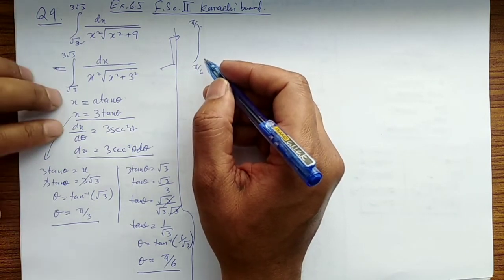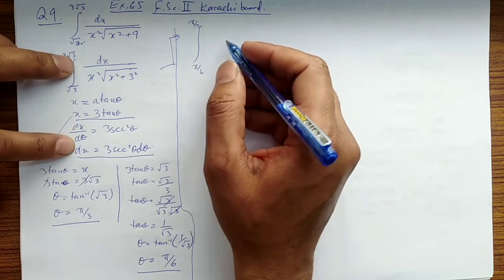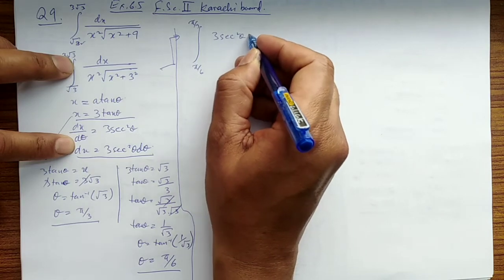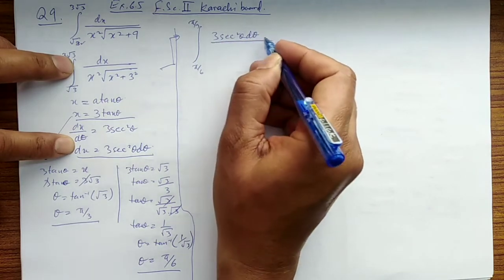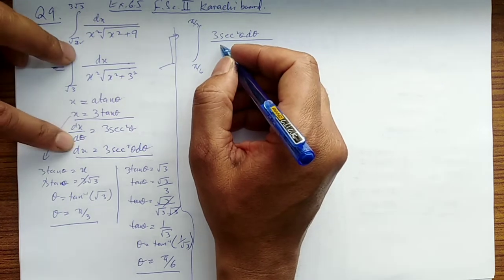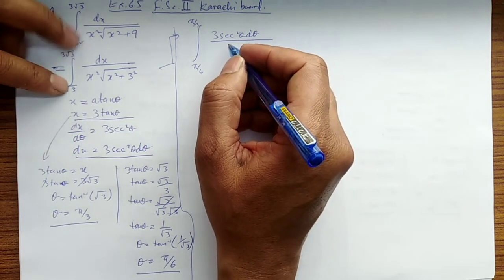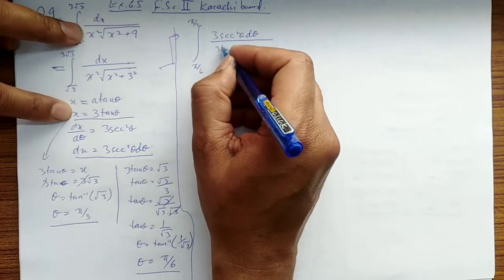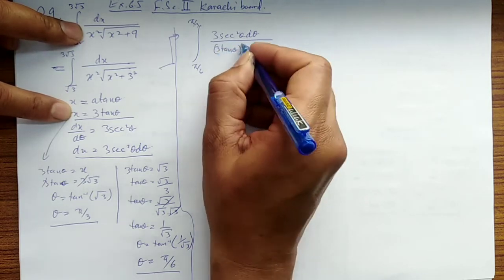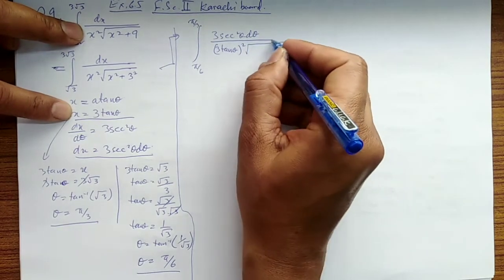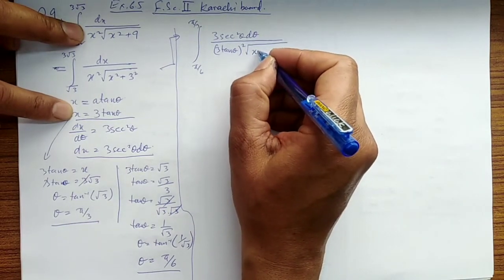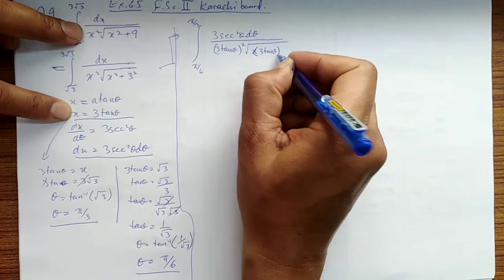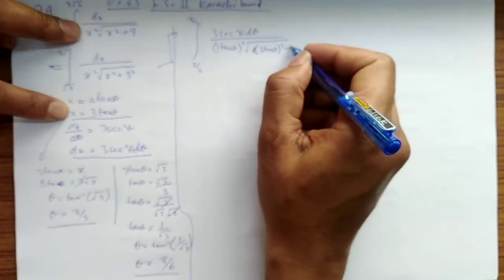So now, in place of dx I am going to write 3 sec square theta d theta, whole divided by, in place of x, what is x? That is 3 tan theta, 3 tan theta square root of, what is x? That is 3 tan theta square plus 9.